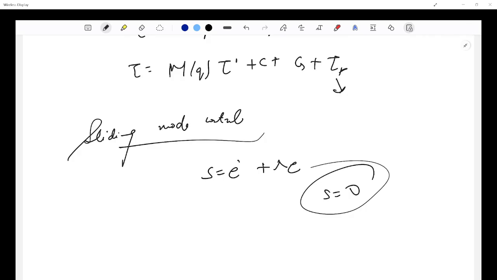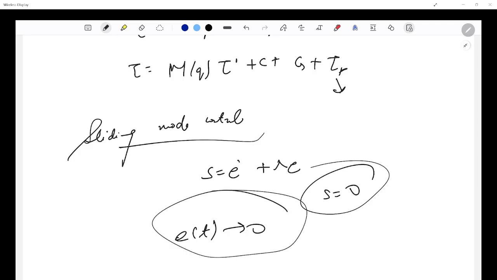The reaching phase is when the system goes to the surface, and the sliding phase is when the system stays on the surface. I'm not going into much detail. The idea is we want to drive the error to 0. Sliding mode control ensures robustness against uncertainties. It also has a chattering effect and requires high control effort, but it is very robust.